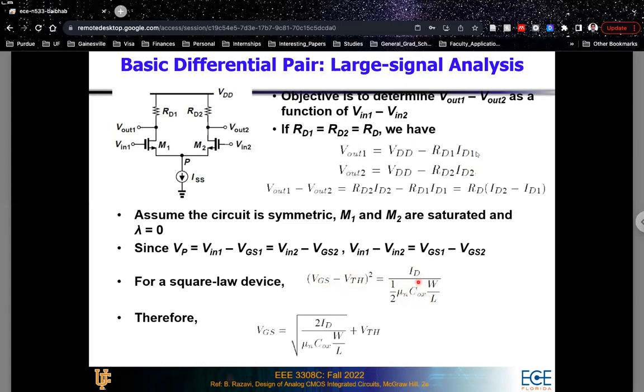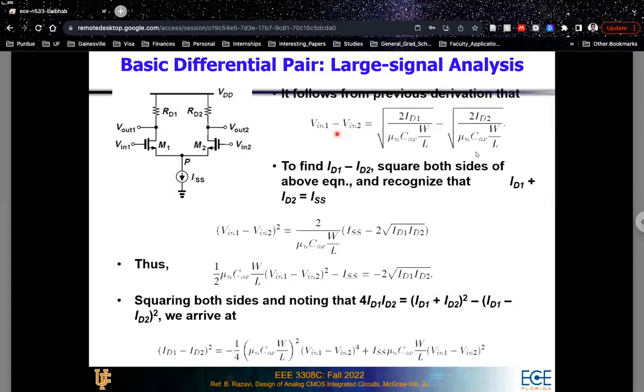So that's a square law equation, that ID equals half of K times V overdrive squared, or V overdrive squared is equal to ID divided by half of K. Therefore, you can write VGS to be equal to the square root of twice ID divided by K, plus VTH. You have used this equation in your homework as well as your exams as well. So this is nothing fancy. Once again, we are using the same equations.